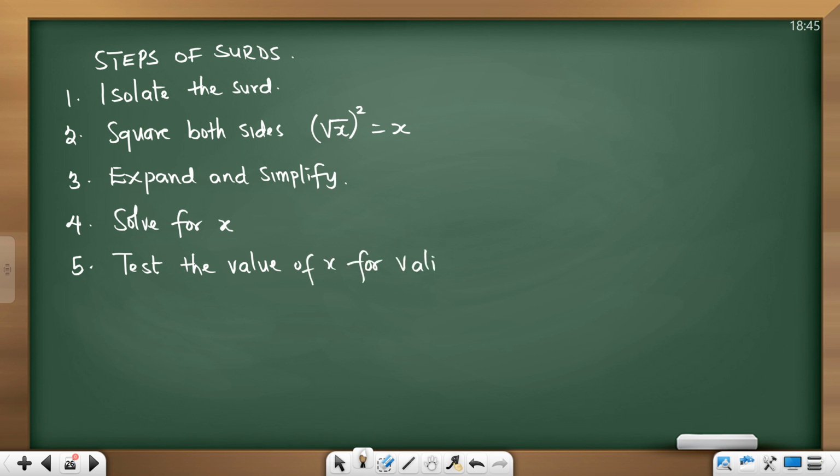If I go back now, I can put a tick on all of these steps for you: isolate the surd, square both sides, expand and simplify, solve for x, test the value of x for validity. It's 6 marks, and each of these would give you a mark. And when you are expanding and you are solving, you get 2 marks there. That's where the 6 marks come from.